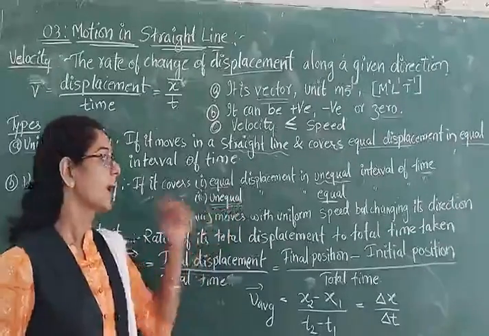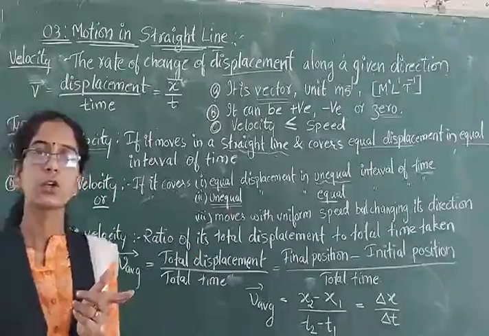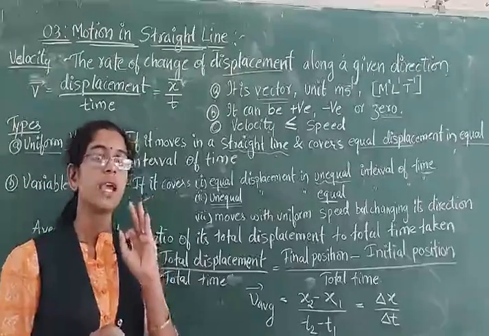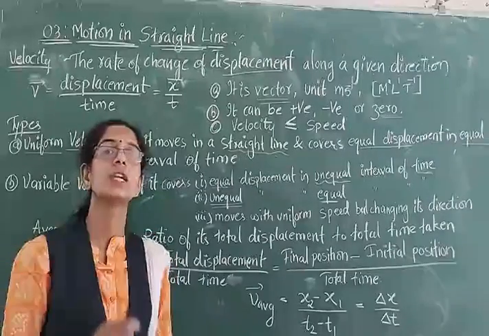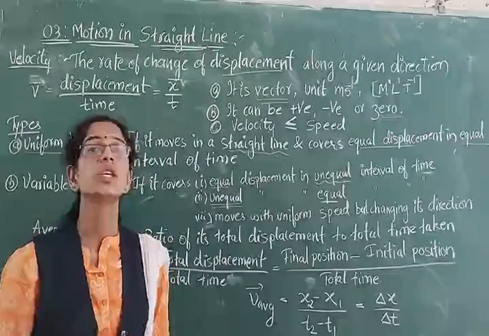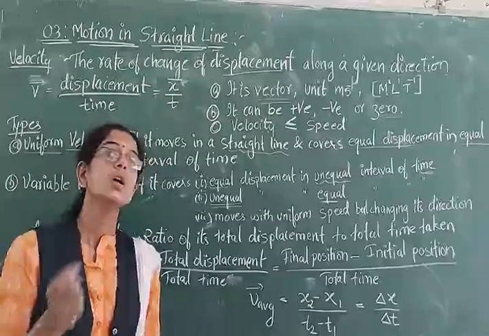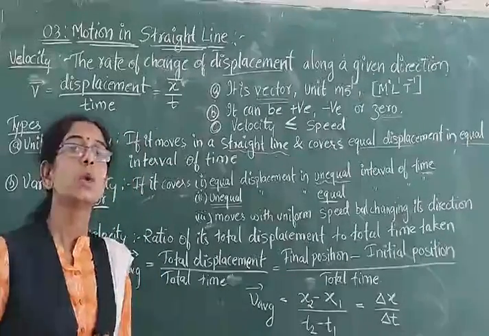And the third is, as velocity is a vector quantity, we have to take into consideration the magnitude along with the direction. So if the object is changing its direction, then also the velocity will be variable.